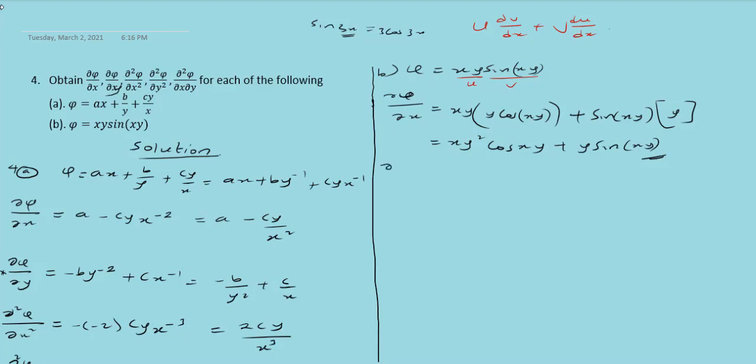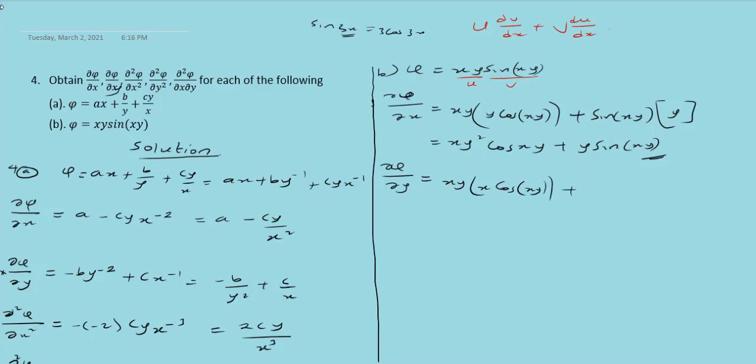Now the phi dy, this will also be equal to, now I'm differentiating with respect to y, u, that's xy. Differentiate sine xy with respect to y. Differentiate xy. If you differentiate y, the answer is 1. 1 times x. So I will have x. If you differentiate sine, you will have cos. X cos xy. That's what you have.